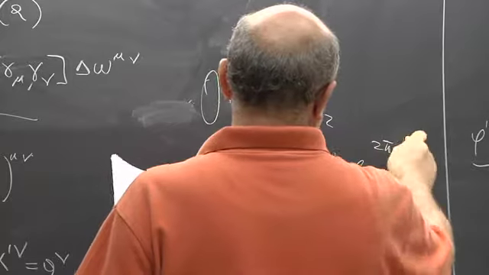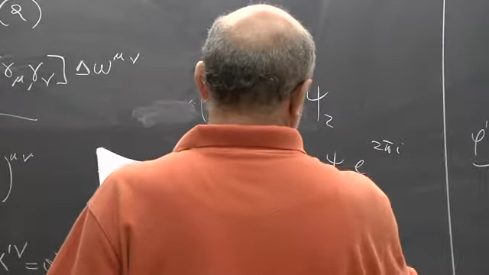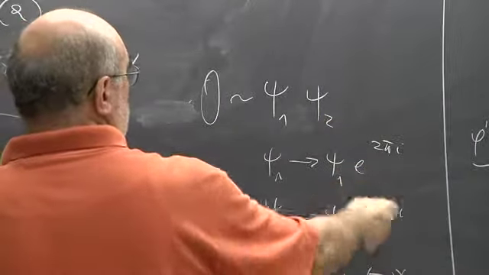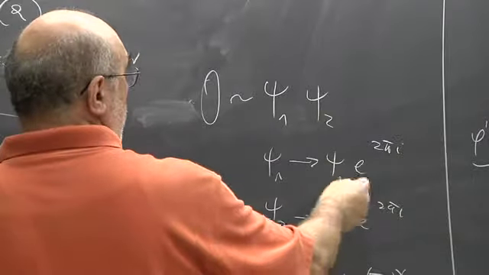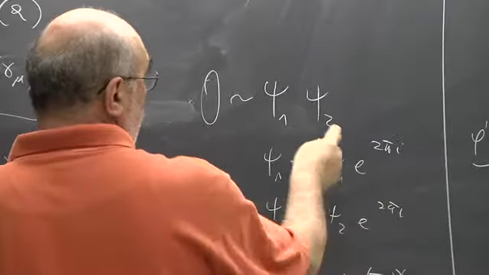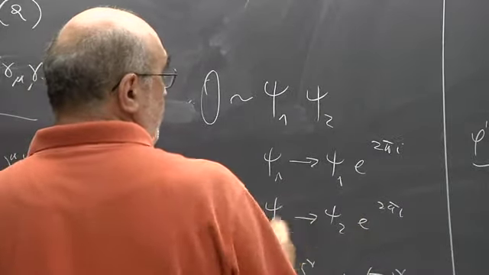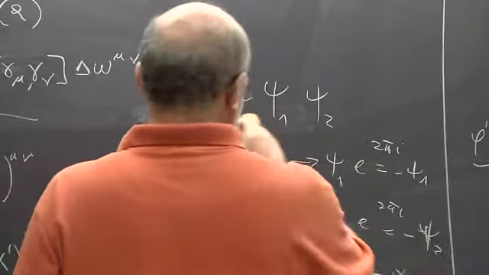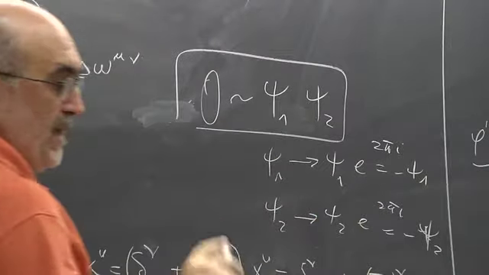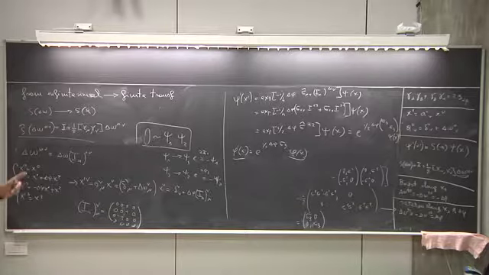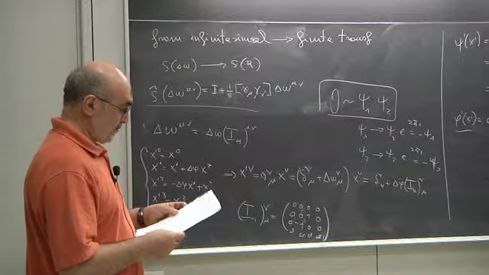If you do a 2π rotation, you get a minus sign for each spinor. If you had only one spinor as observable, you would not get back to the same observable after a 2π rotation. But with a pair, you get the same sign twice, so after 2π you get back the same observable. It's only the wave function that after 2π you don't get back to the same thing.